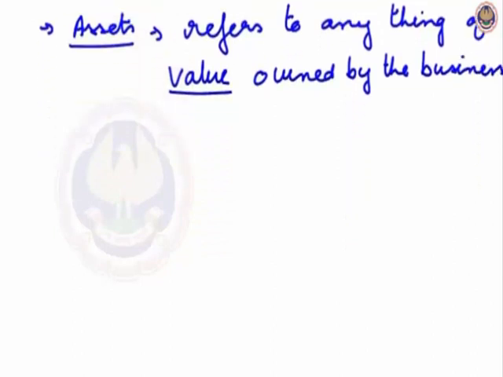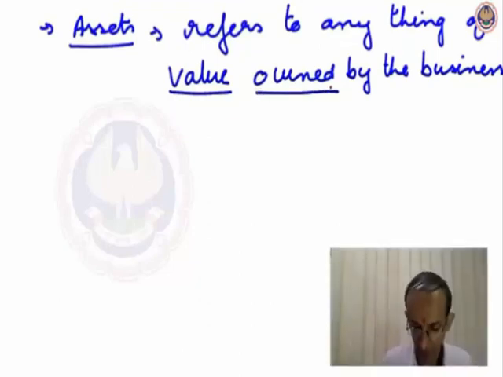Anything which possesses any value and it is owned by the business, we will take it as asset. For example, pen, computer, stock, furniture. If it is owned by the business, then it implies it is an asset for the business itself.